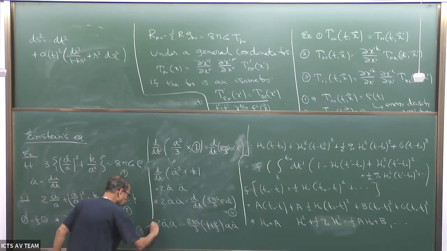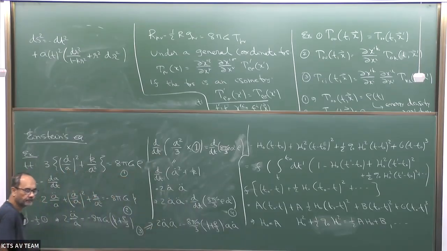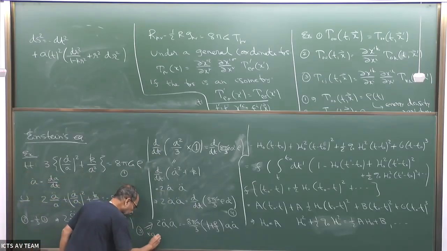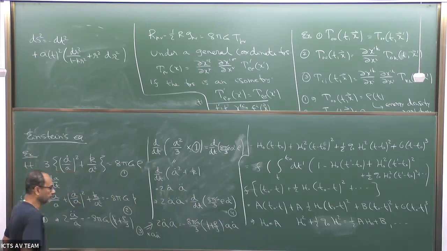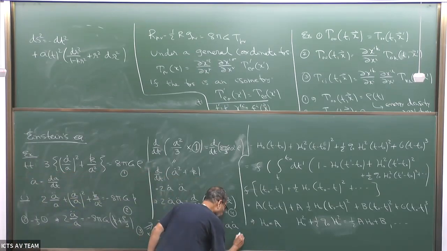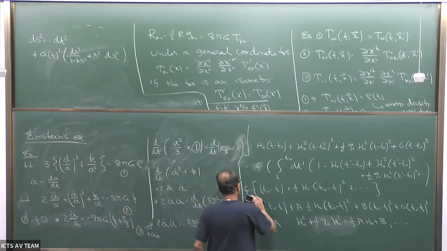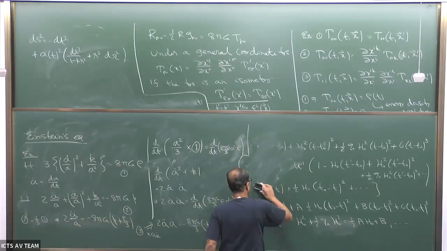This comes directly from 3, so 3 multiplied by a dot. Let's call it 5. And now take 4 minus 5.